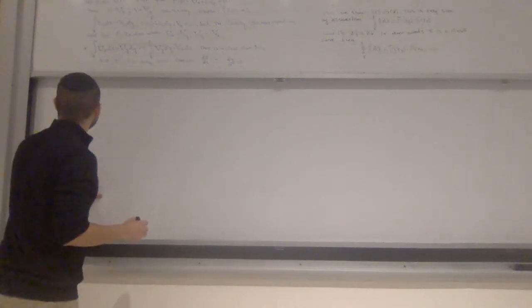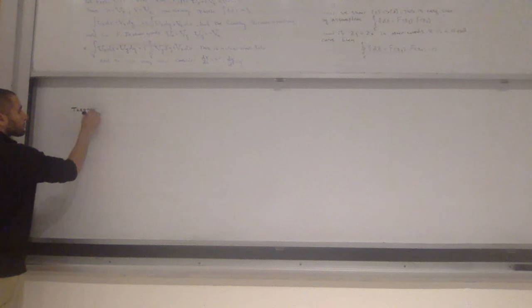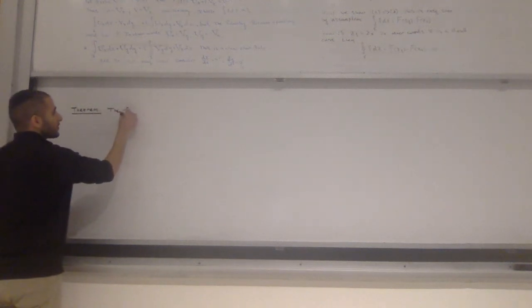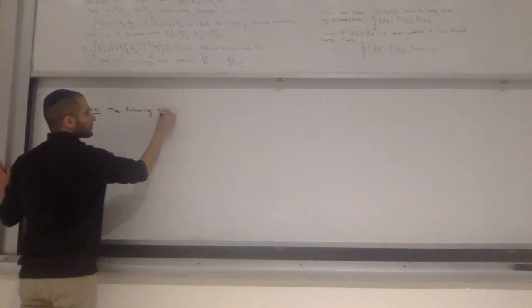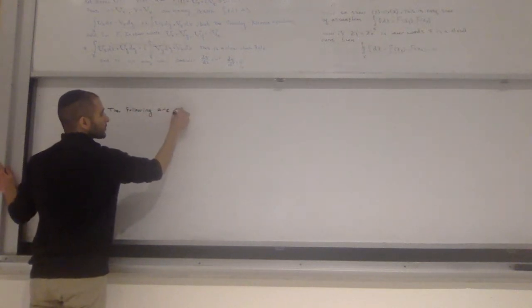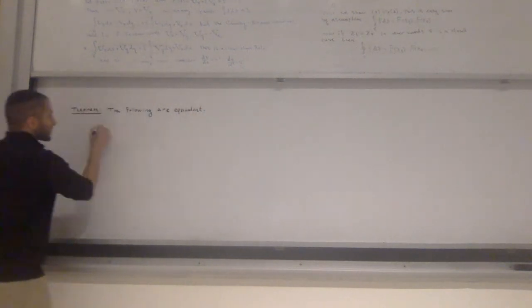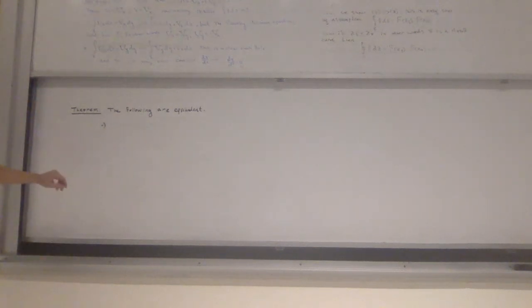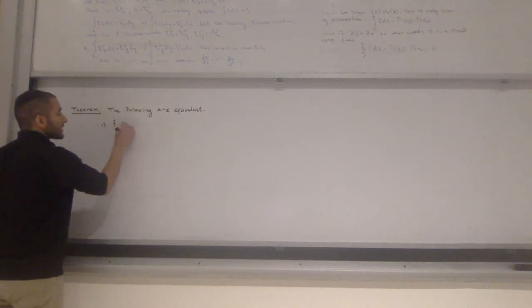All right, we are continuing the theorem from last time, which is the third part of the theorem. Let's just rewrite the theorem. The theorem says the following are equivalent. First, that f has an antiderivative.